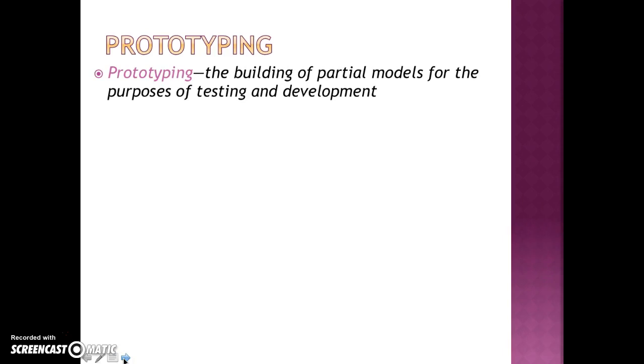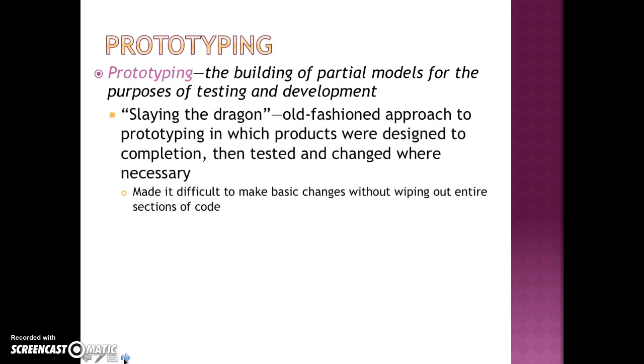is the building of partial models for the purposes of testing and development. Every product that's made by humans, whether it's a video game company or an actual technology business, has gone through some type of prototyping. There was an older model called Slaying the Dragon, in which products were designed to completion all the way till they were finished and then tested, and changes were made where necessary.